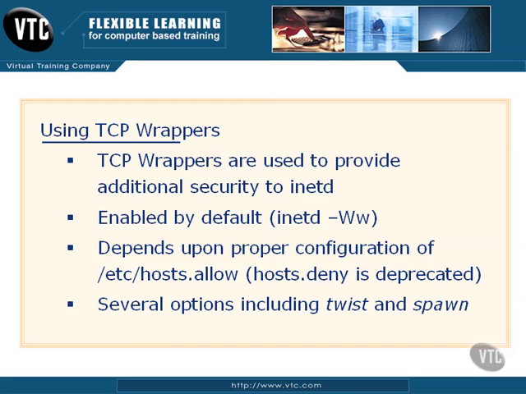Spawn also disallows them to use the service, but instead of sending a message back, it can execute scripts on the box that can take measures in the event of an attack. So you've got those two options. Let's take a look at /etc/hosts.allow and go through some of the options listed there, to give you an idea of how that file is configured for TCP wrappers.